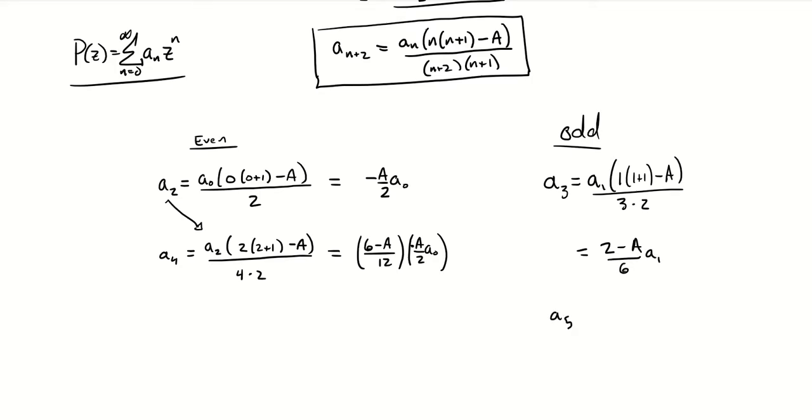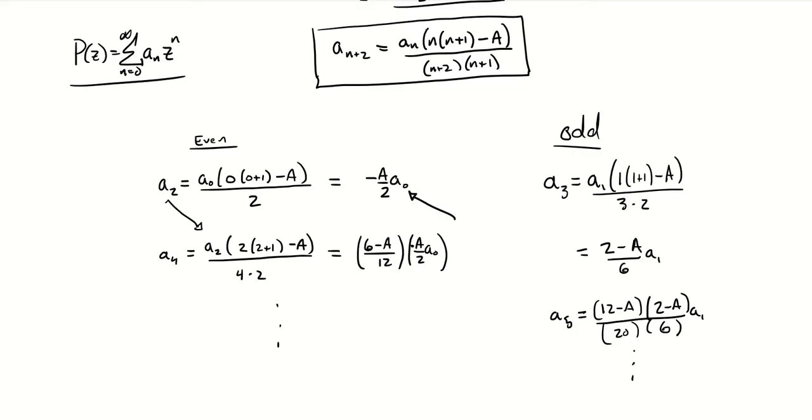And then a5. Going through all that, plugging it in, you end up with (12 minus a) over 20, and then if you plug in what that a3 is as well, times (2 minus a) over 6 times a1. But the point is, with this recursion relation, we can figure out all the powers of this term.